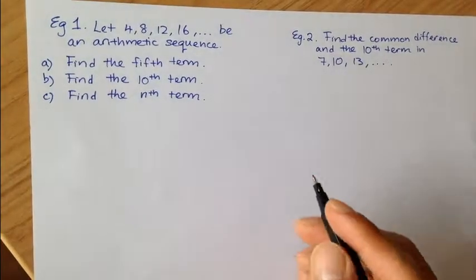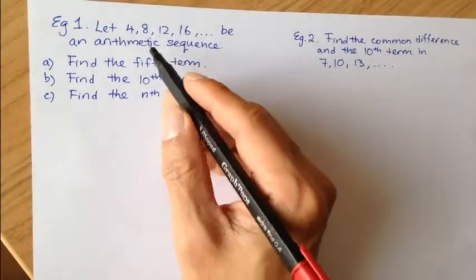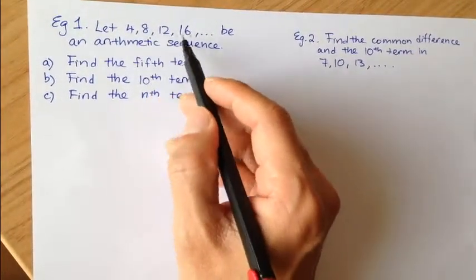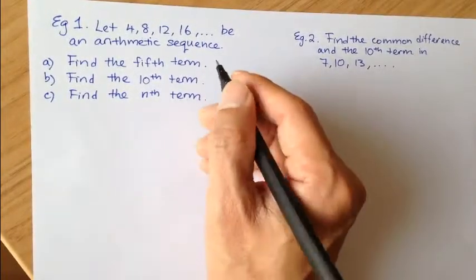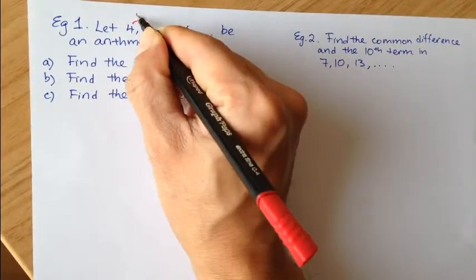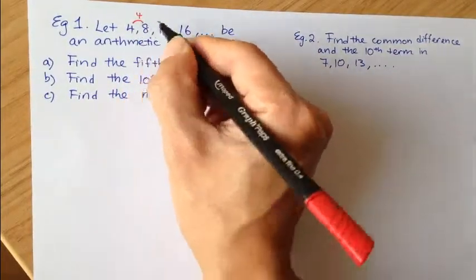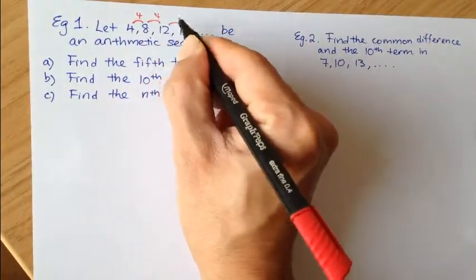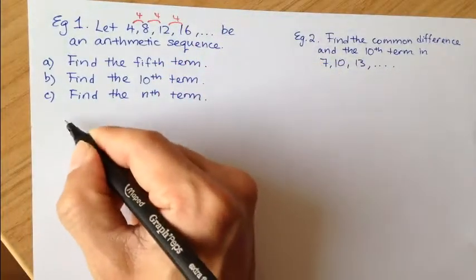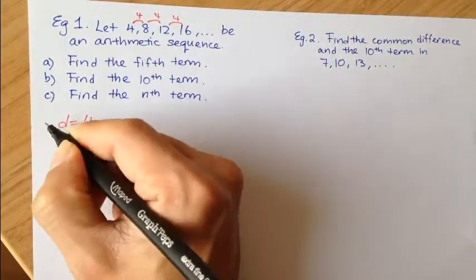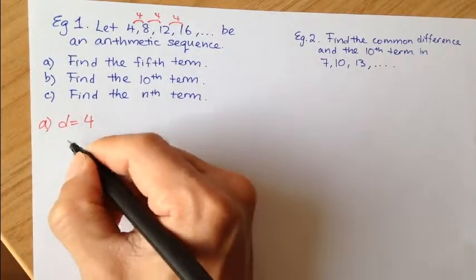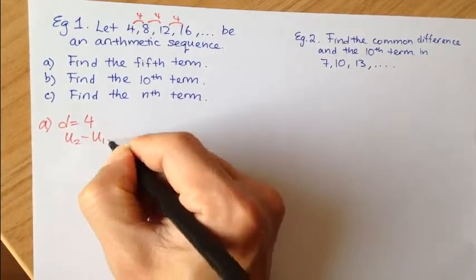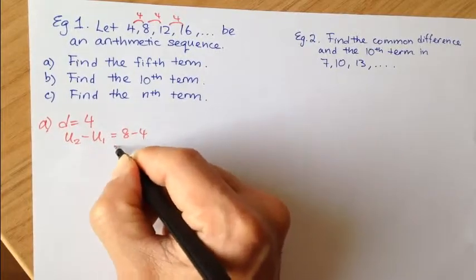Let us return to this example, 4, 8, 12, 16, and ask: what is the fifth term? Well, in order to find the fifth term, you know that the difference here is 4. So it's an arithmetic sequence with common difference equal to 4. We can obtain this, for example, using U2 minus U1, which is 8 minus 4, is 4.